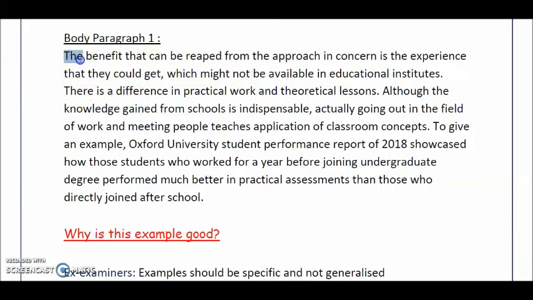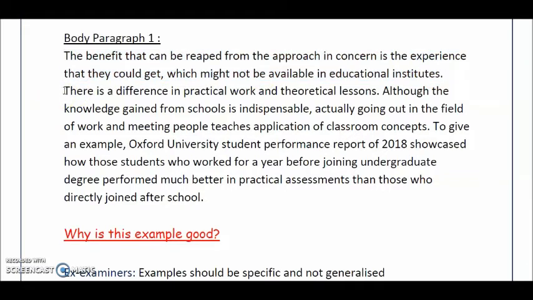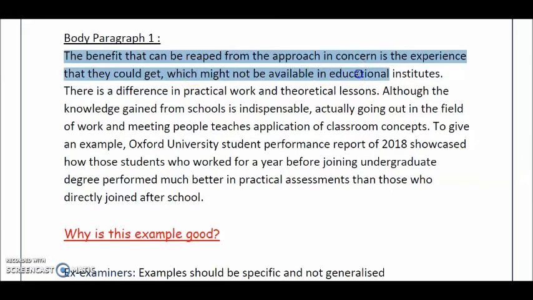This is a title line and it has to include our main idea only, no explanations, whereas the second sentence should have an explanation. If you're aiming to score above 6.5, if you're aiming to score 7 or higher, then you must know that this is a very important distinction: the first sentence of the body paragraph versus the second sentence.